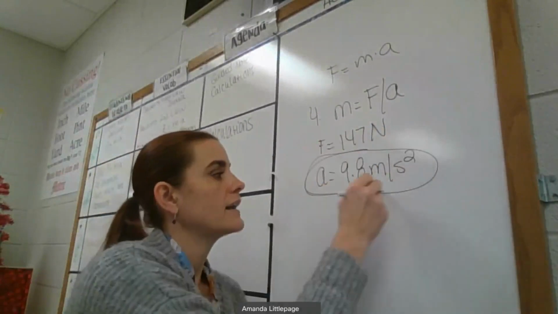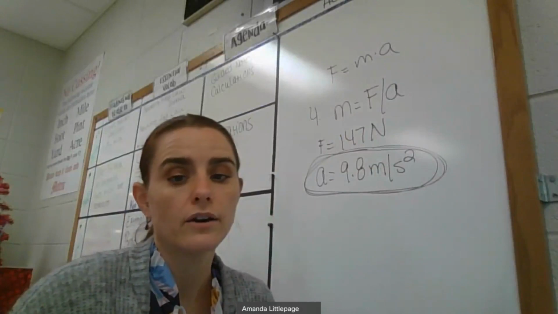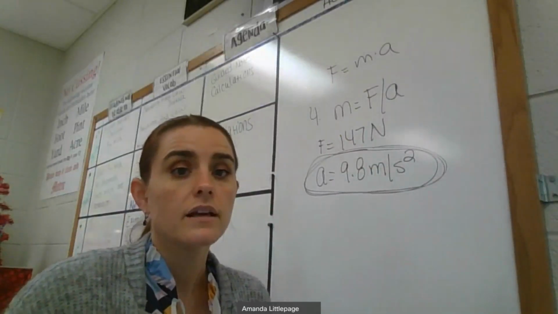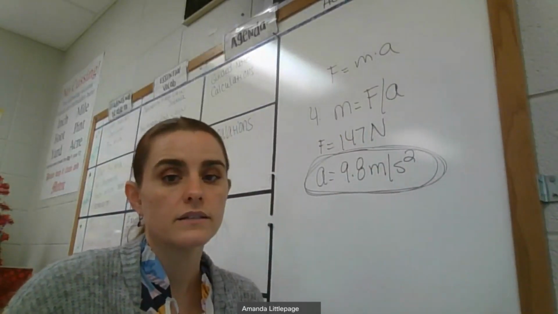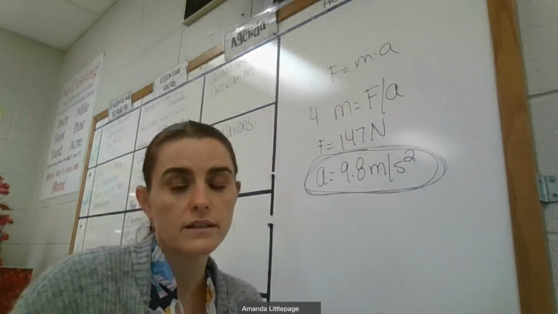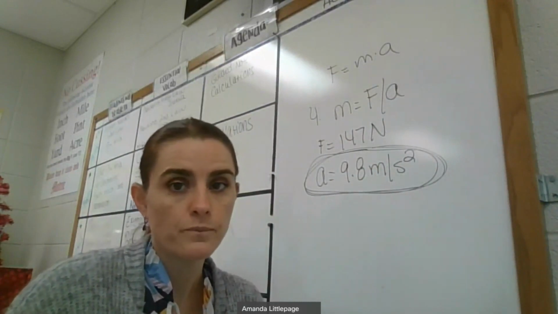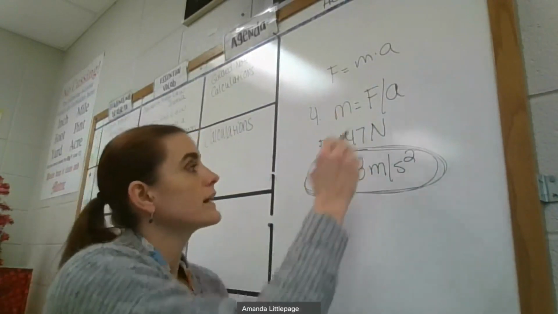So highlight, underline, circle, asterisk. Anytime an object is falling on planet Earth and it is experiencing little to no air resistance, the acceleration is 9.8 meters per second squared. That is standard, okay?